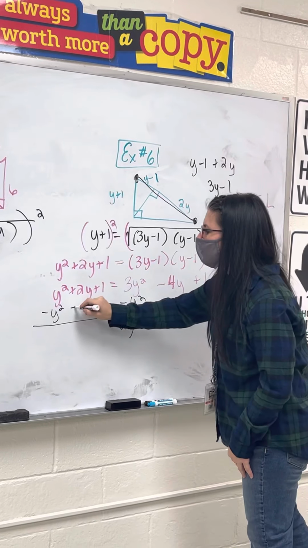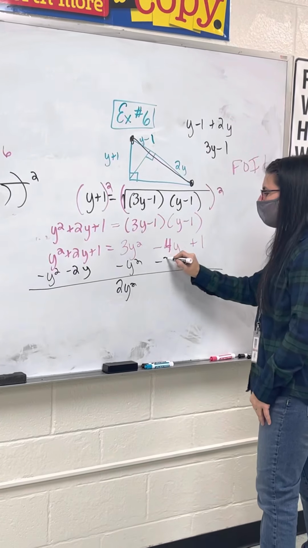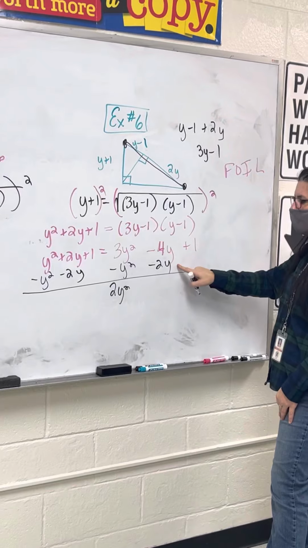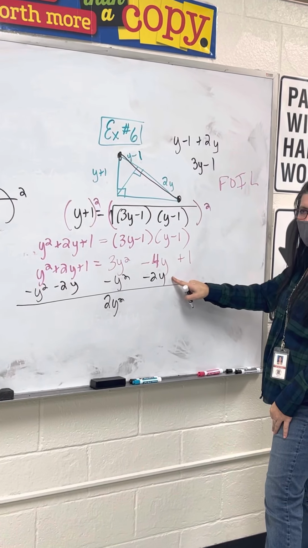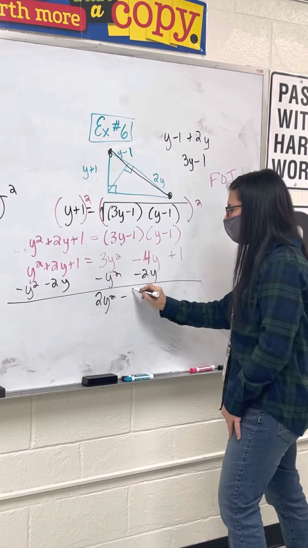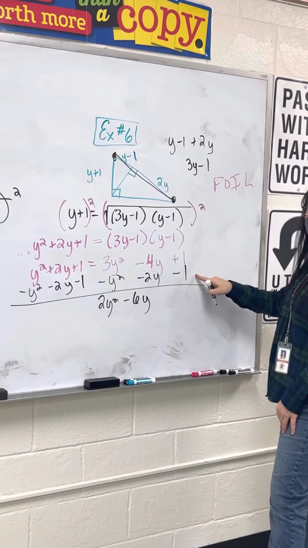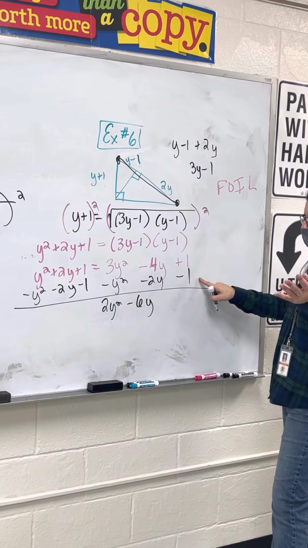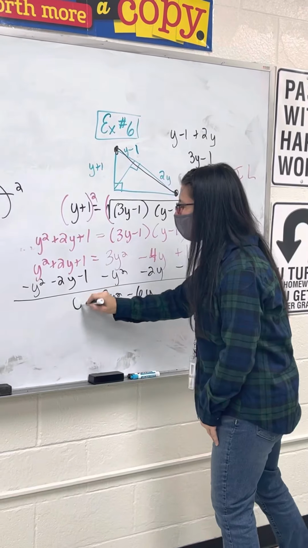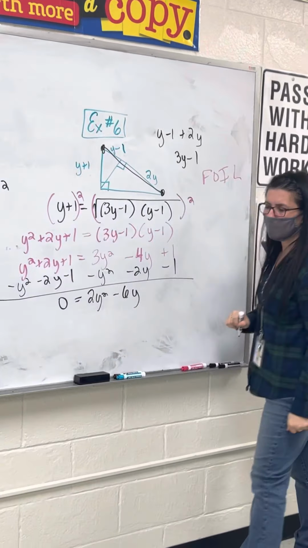I'm going to move this 2y over by subtracting. So negative 4y minus 2y. And let's move this 1 over. What's 1 minus 1? 0. It's gone. So I moved everything over. There's nothing over here now.